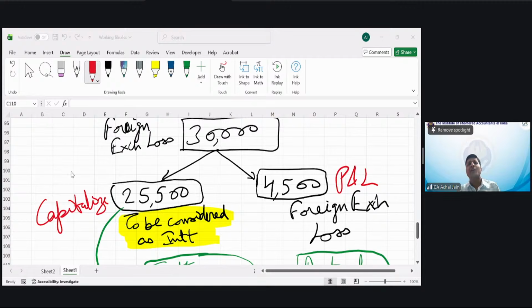Then the question of considering the forex loss as interest will not arise automatically, because what are we trying to check? If there is any foreign exchange loss, can that be considered as interest? If let's suppose that underlying amount is nil, so do you capitalize that? No. Anil, clear on this? Yes, sir. Clear. Thank you.